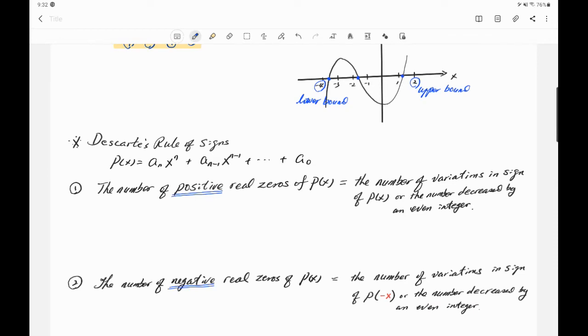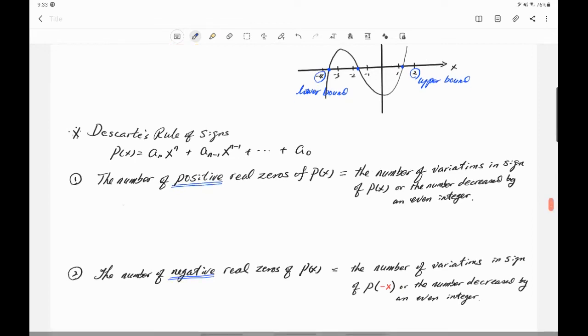The number of positive real zeros is equal to the number of variations in sign of P of x, or decreased by 2, 4, 6.